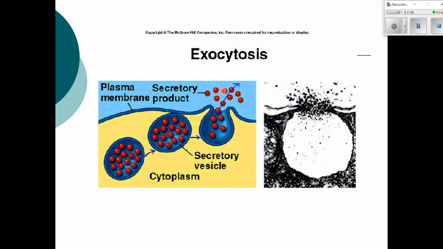A really good example of this would be a hormone that we've talked a lot about in our class already called insulin. You know, insulin is made by your pancreas. So this cell would be a pancreas cell, and the ribosomes in the pancreas cell would build the insulin. Insulin is a protein.